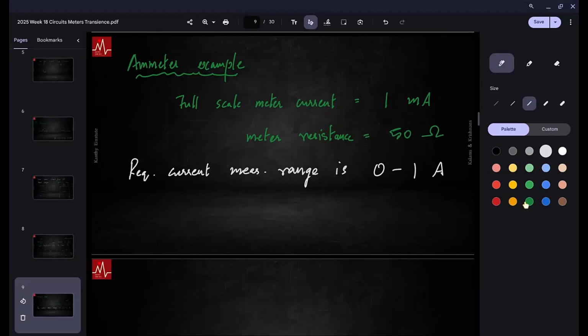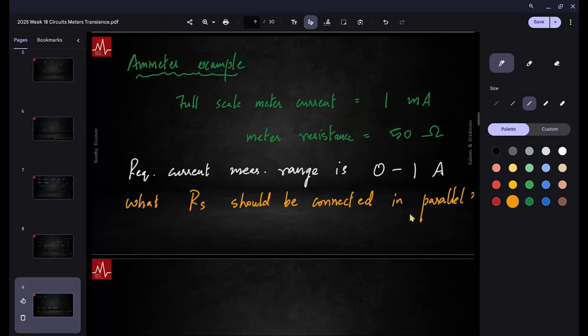What RS, what shunt resistance should be connected in parallel. Now they can ask you what shunt RS should be connected, whether it should be parallel, series also they can ask. I'll give you like 1 minute, 1 minute 45 seconds. My timer is missing, but I'll give you about a minute and a half.